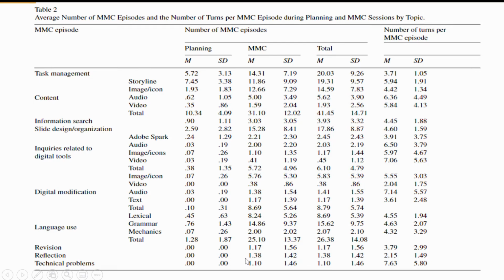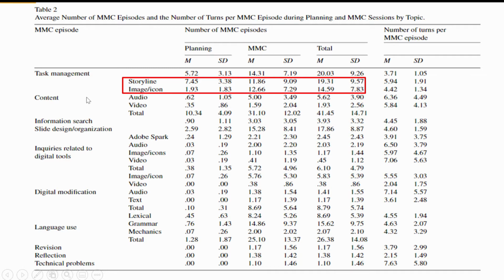So this is just a descriptive statistics table, and I'm going to summarize the findings. I know the numbers look really daunting, but let me just show you briefly how we can interpret this table. In terms of content, as you can see, these columns are planning time, MMC, task performance, and total. These are the number of MMC episodes.